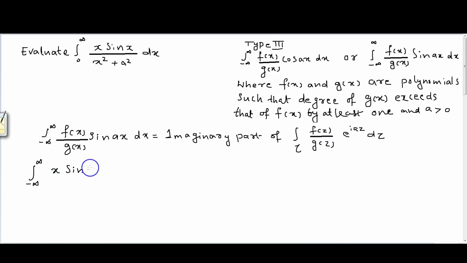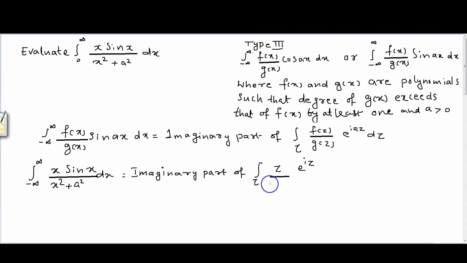Since the integral from minus infinity to infinity of x sin x by x square plus a square dx is a question of type 3, it can be written in the form of the integral of z e raised to i z by z square plus a square, since x sin x is the imaginary part of x e raised to i x by x square plus a square. Similarly, for x cos x by x square plus a square dx, we would write it as the real part of the integral z e raised to i z dz.